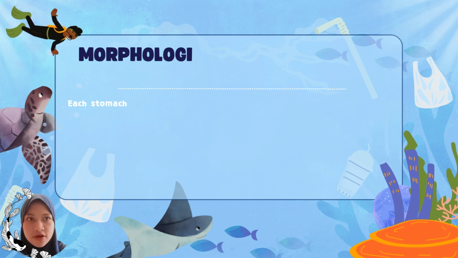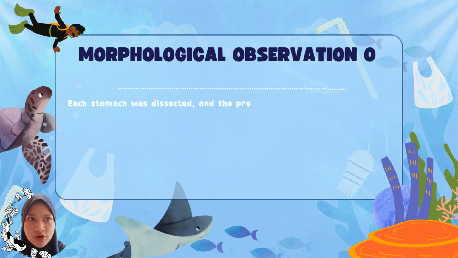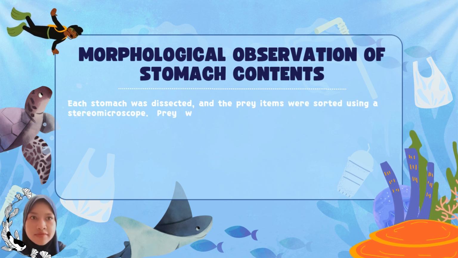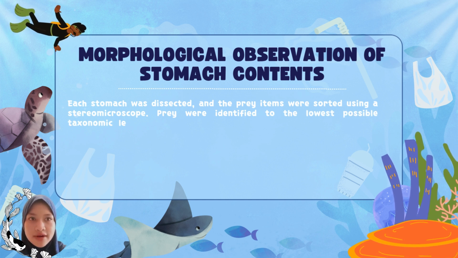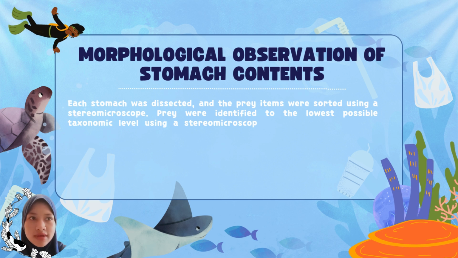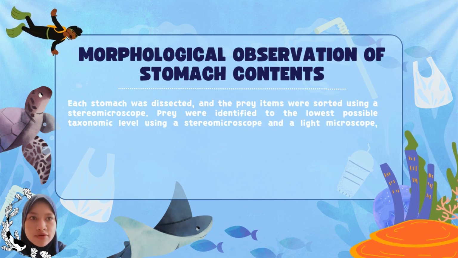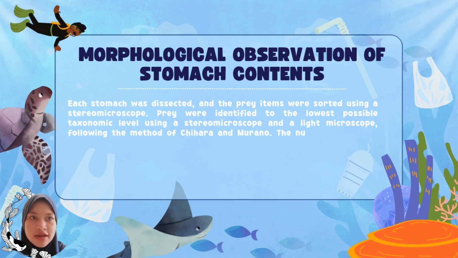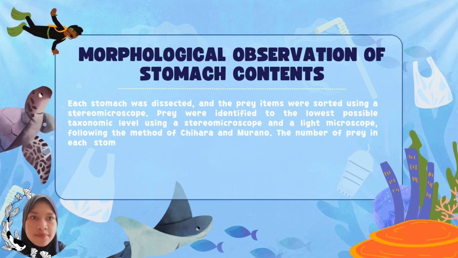Let's look at the morphological observation of stomach contents. Each stomach was dissected and the prey items were sorted using a stereo microscope. Prey were identified to the lowest possible taxonomic level using a stereo microscope and a light microscope, following the method of Chihara and Murano. The number of prey in each stomach was counted.